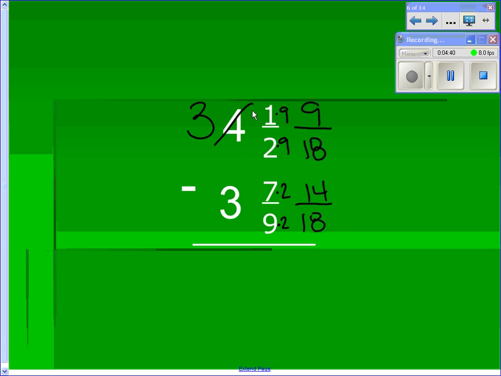So 1 whole from the 4, we're going to add whatever the denominator is to the numerator. 9 plus 18 is what? 27 over 18. 27 minus 14 is 13 over 18. 3 minus 3 is 0, so you don't have to bring anything down.